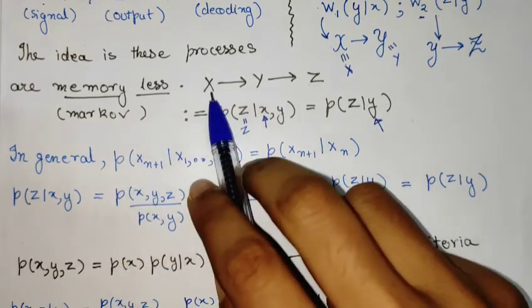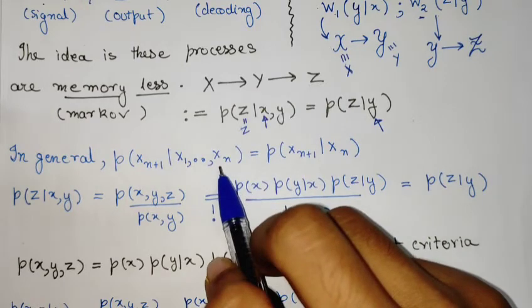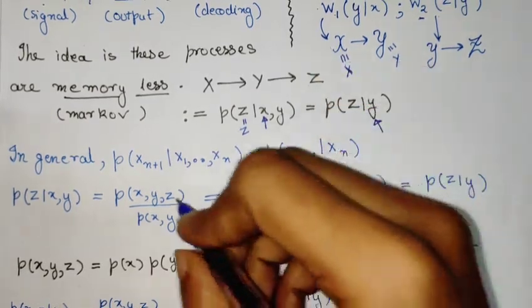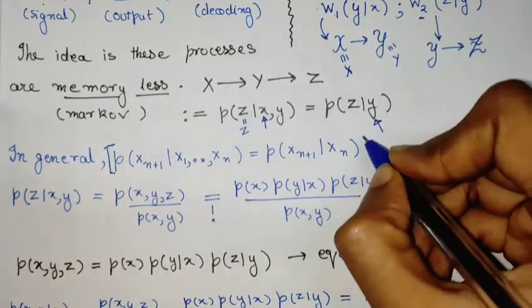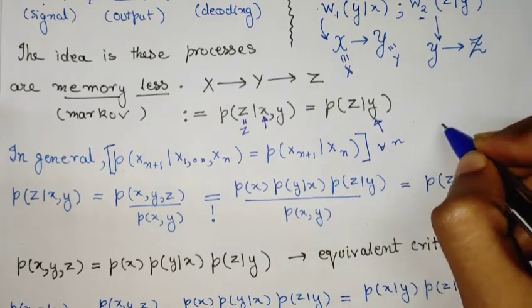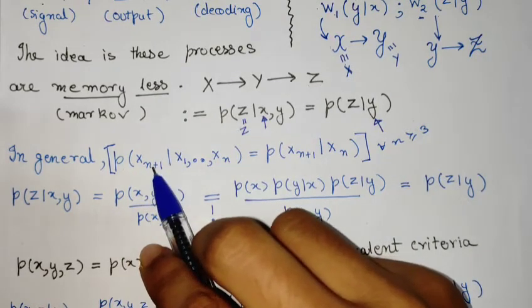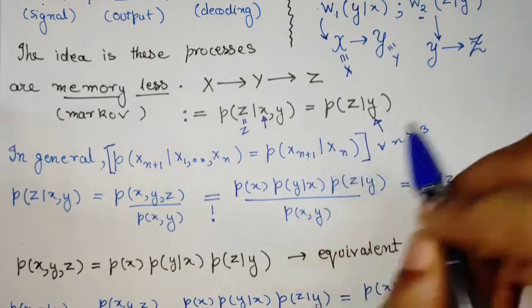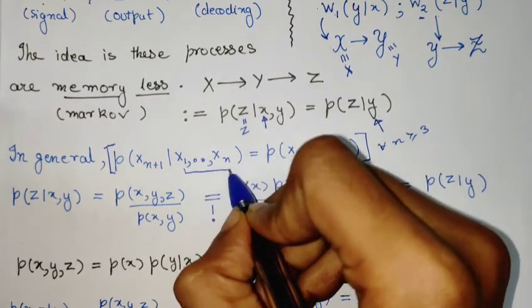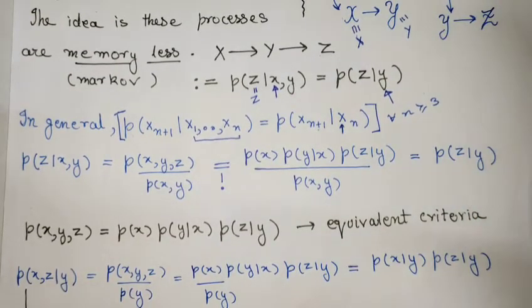In general, if you have a set of random variables X1 to Xn, you can say that the set forms a Markov process if, for all n greater than or equal to 3, the probability of getting that step only depends on the previous step. So you drop all the earlier random variables and just keep the previous step. Now there is an equivalent criterion for understanding a Markov process.